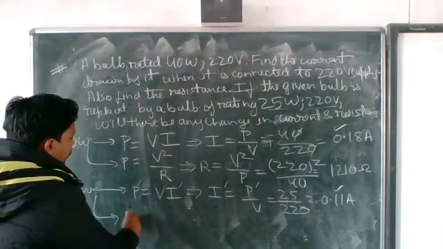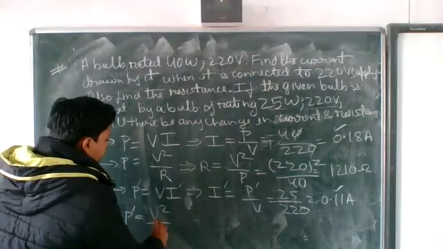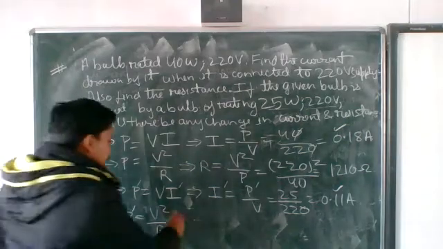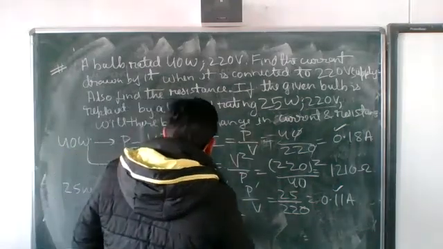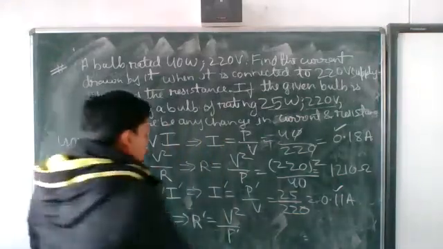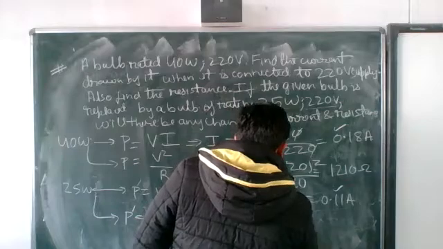Similarly, what will be the value of resistance? V is the same and R will obviously differ. Applying the same procedure for R dash, R dash is equal to V square upon P dash, that is 220 square upon 25.